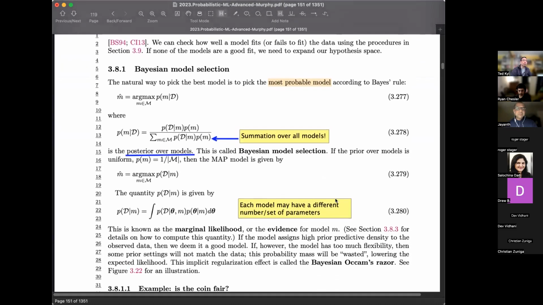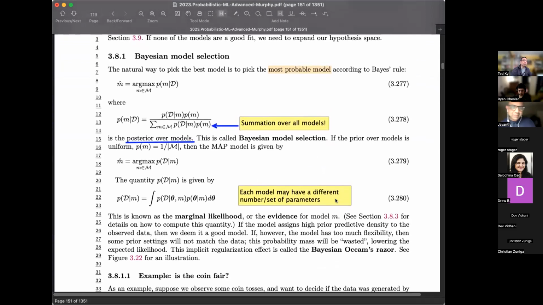So we start off with trying to apply the Bayesian method. If you have this funny looking M, calligraphy M, number of models, how do you pick that?